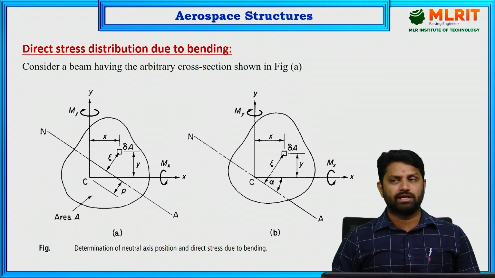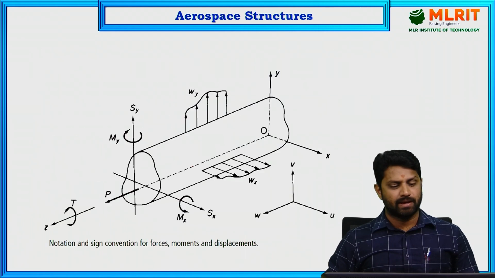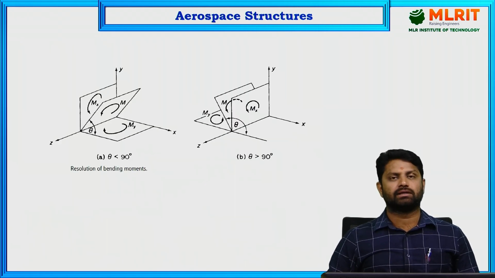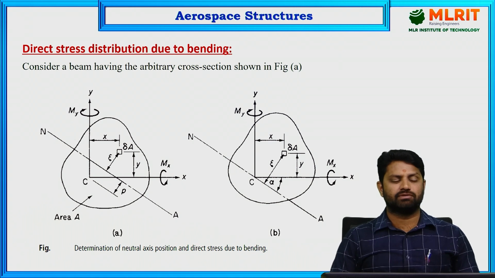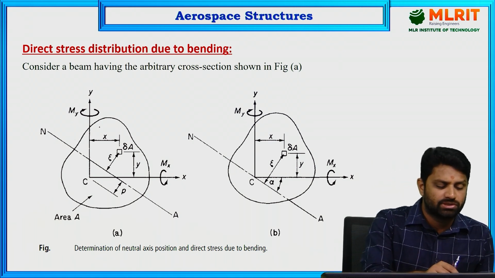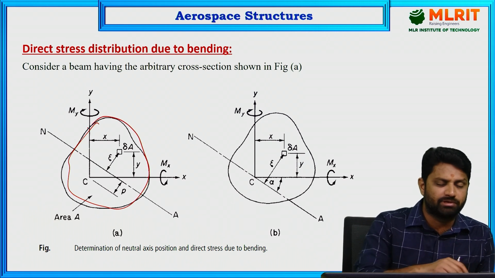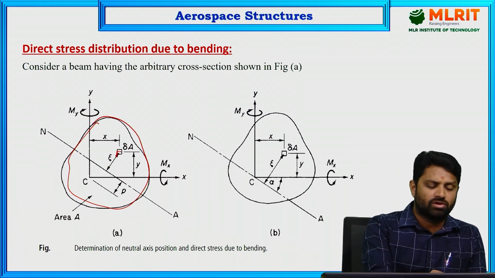Coming to the direct stress distribution due to bending, we considered that arbitrary section, and now we are going to consider one small element in that section. Let's draw a diagram. We consider a small arbitrary section, side view, in which we consider one small element strip.